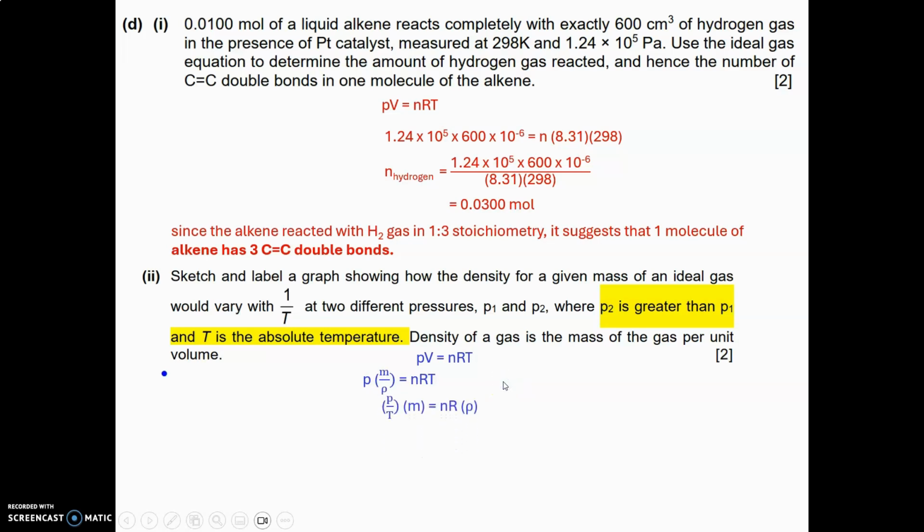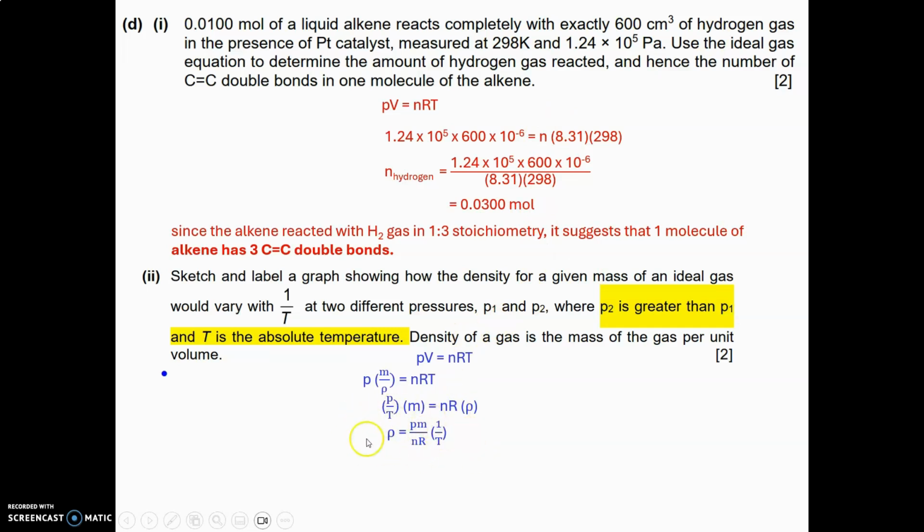After that, I multiply both sides by rho and I divide both sides by T to get P over T times m over nR equals rho. So eventually, if I simplify, I will get rho equals Pm over nR multiplied by 1/T.